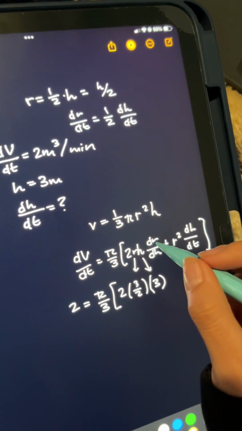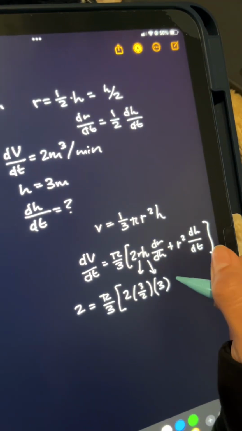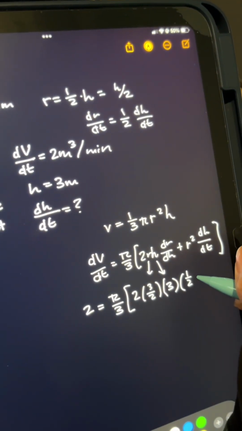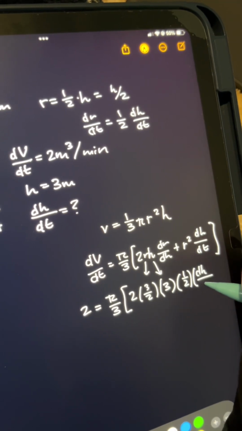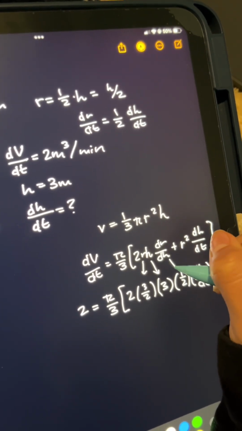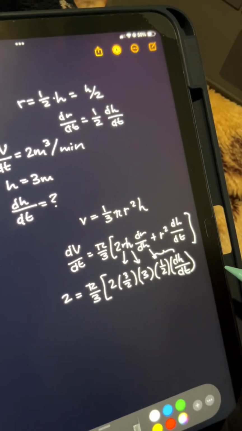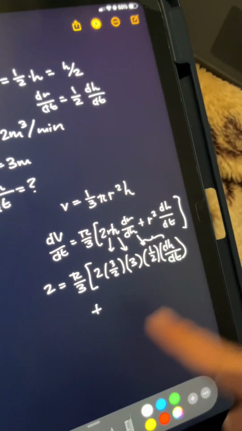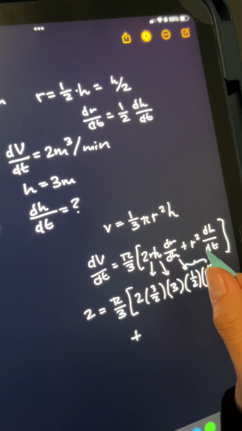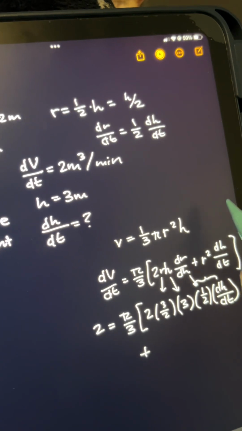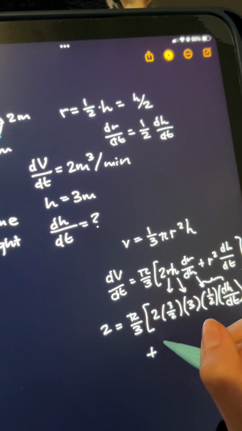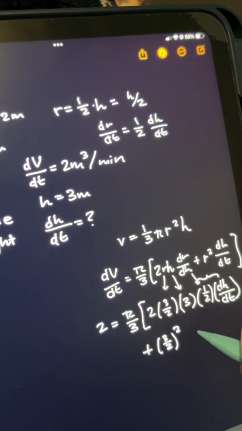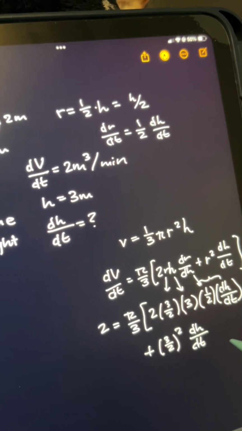So this one turns into this, and then plus, I'm just writing it on the bottom because I'm running out of space, r, which we've established is h over 2, and h is 3, so 3 over 2 squared, and then dh over dt.